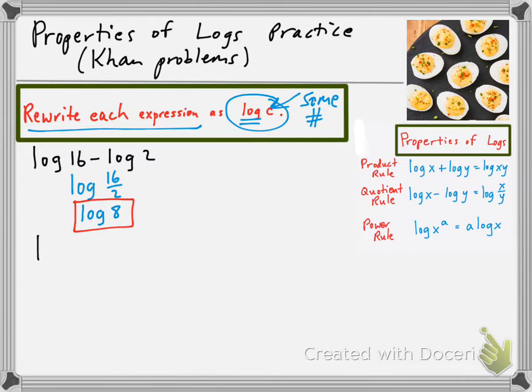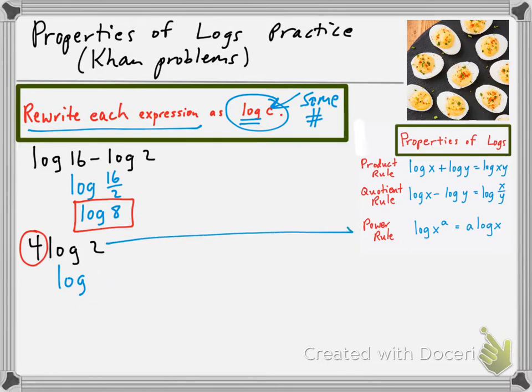We have, let's say, 4 times the log of 2. And right now we have this number out in front of the log, and we don't want to leave it out there. We have to rewrite this as log of something. And so when we rewrite the expression as log of some number, what's going to go there? Well, we use the properties of logs.